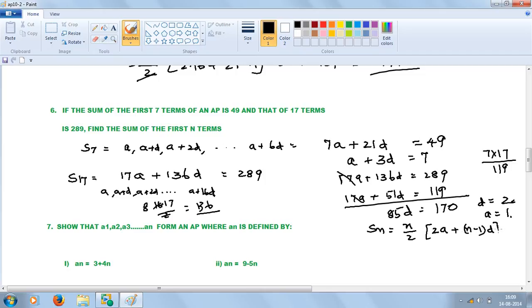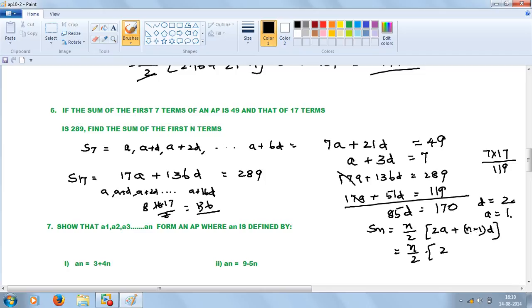This formula now we'll try to apply. n we'll keep as it is, n by 2. What is 2a? a is equal to 1, 2a is just 2. Then n minus 1 multiplied by d.